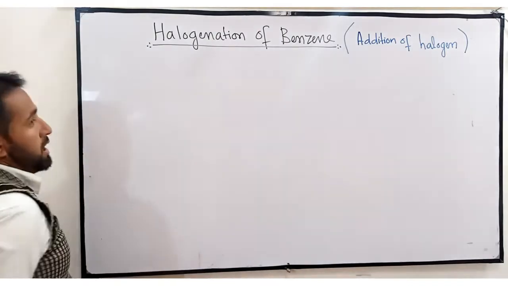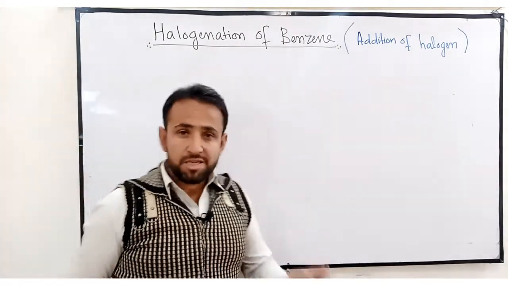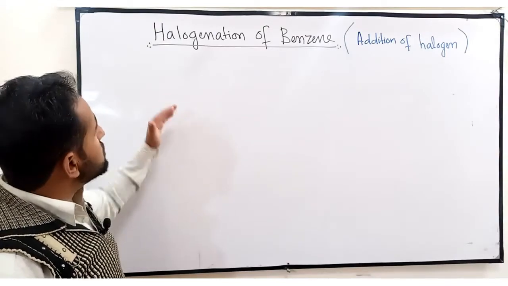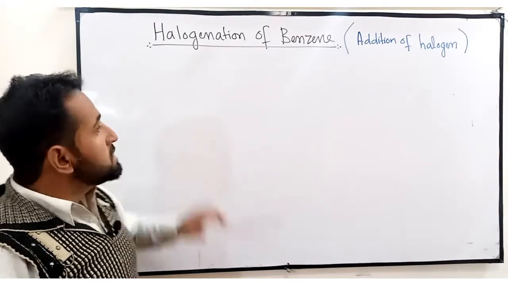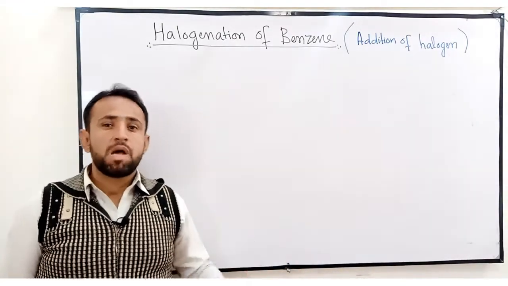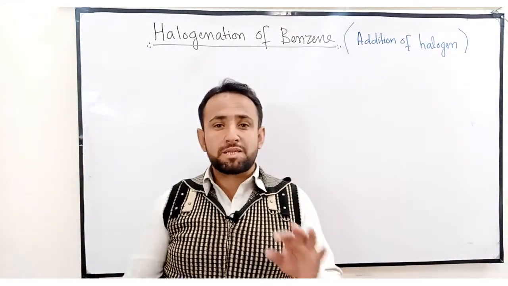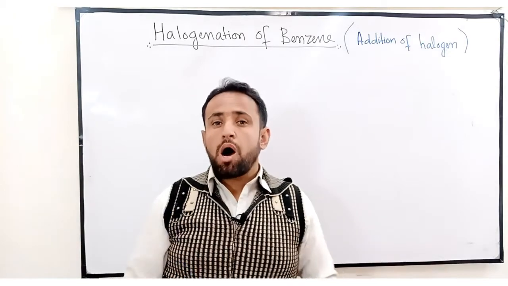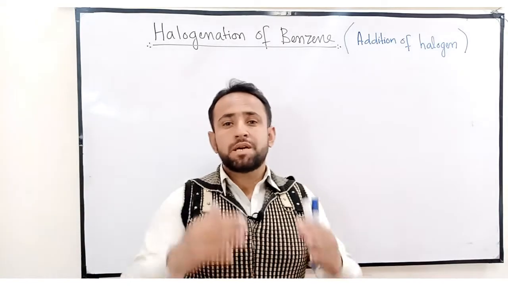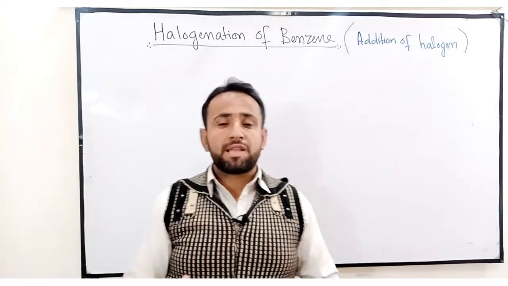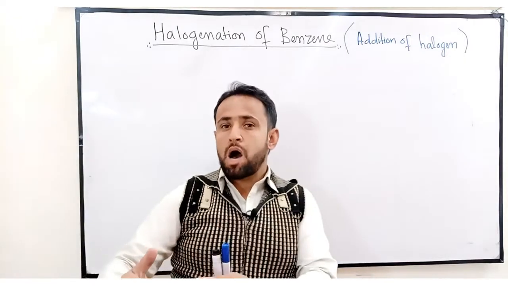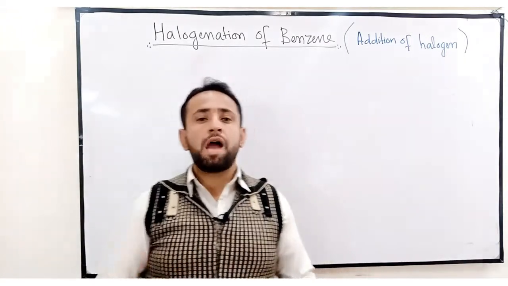So this is our first example. Now we will discuss the first example of halogenation of the benzene. First I will write its general definition. After that I will explain its general reaction. After the general reaction I will explain its specific example, how this process occurs in the members of the halogen family, I mean in all members.